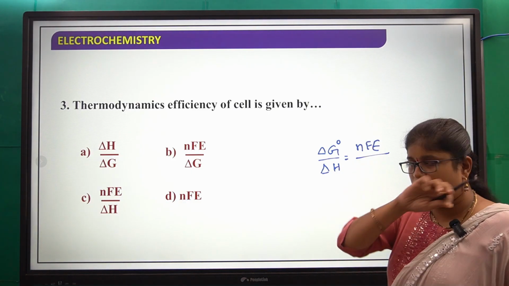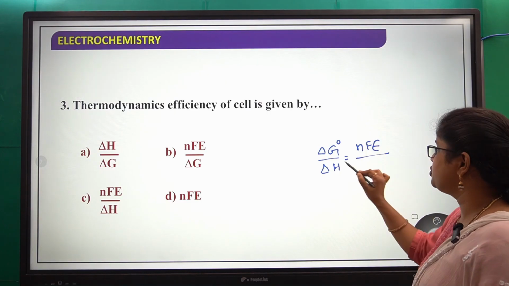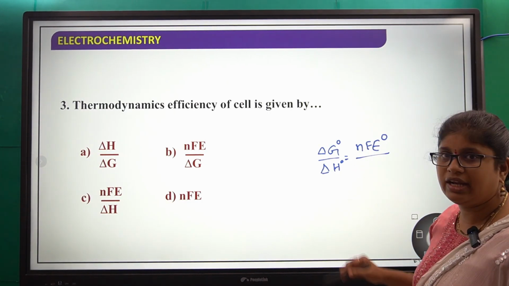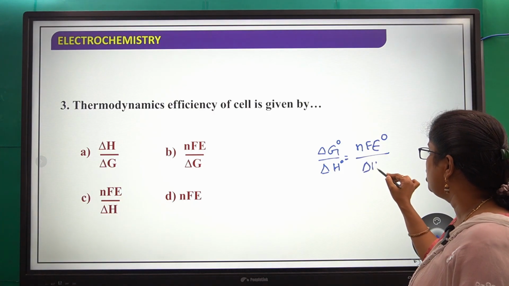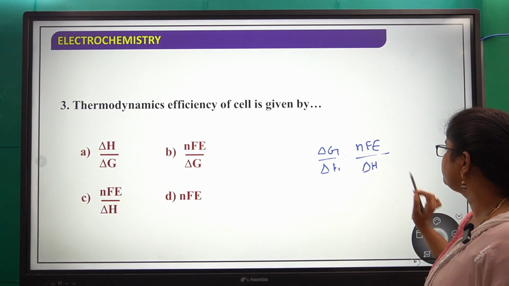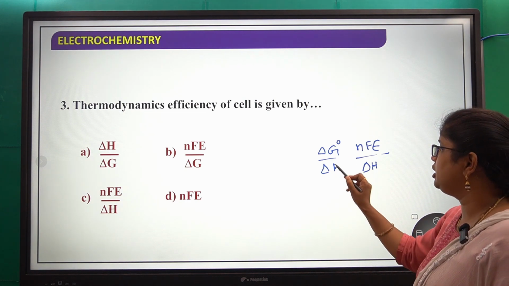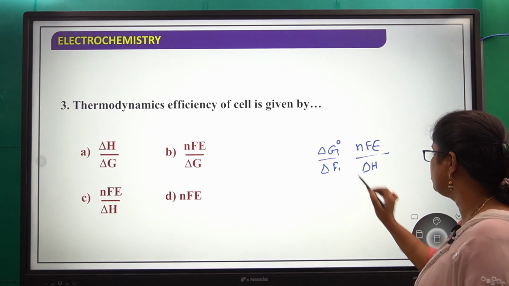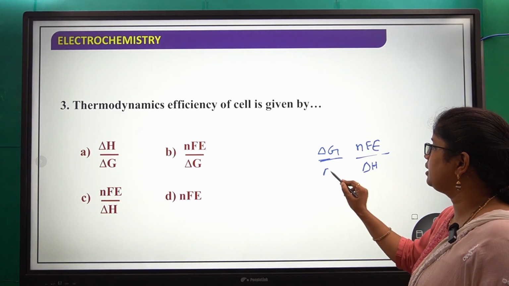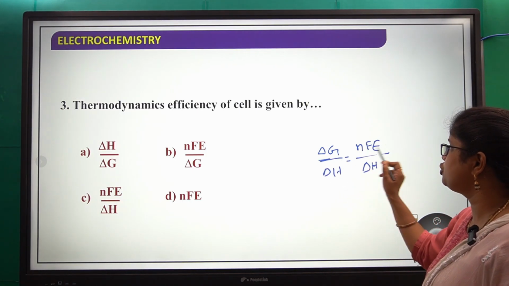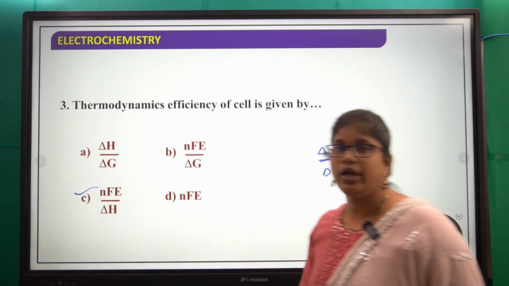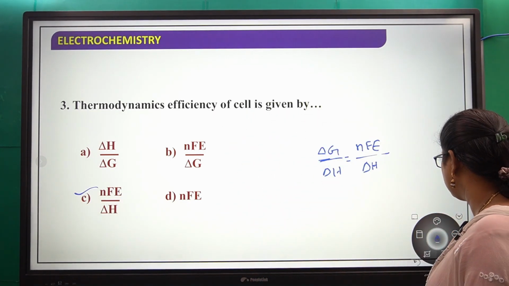If we take delta G naught by delta H naught, it gives NFE naught divided by delta H naught. If we take delta H simply, then delta G by delta H is equal to NFE by delta H. So what is the answer? C, NFE by delta H.